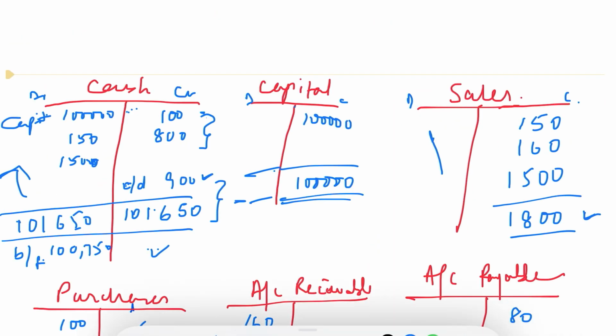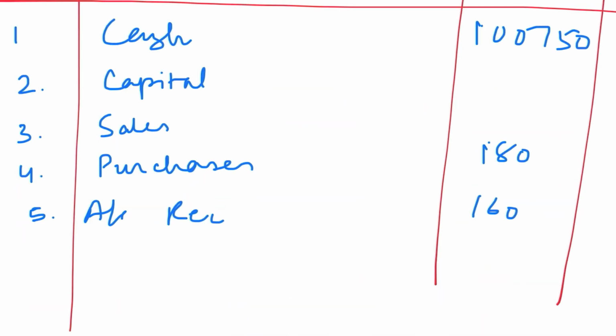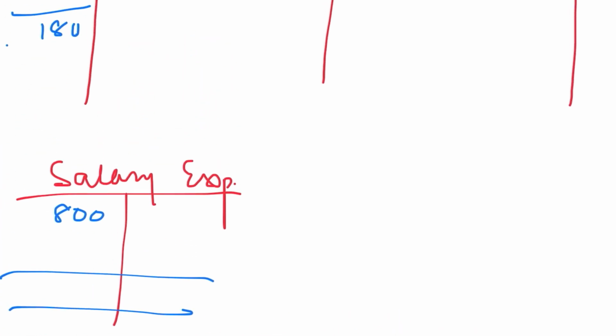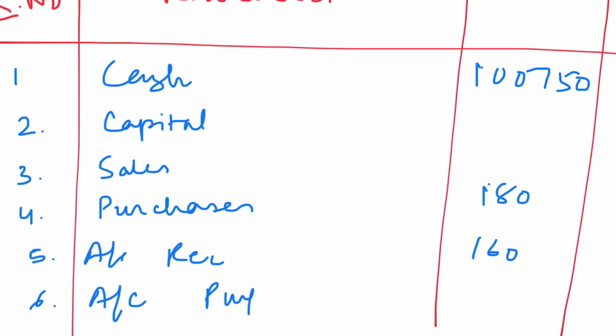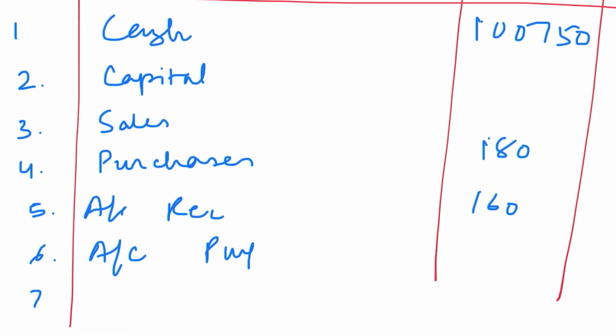Okay, here I have made a mistake, the balance is not 1800, that is 1810. 160, accounts payable 80, and then lastly salary expenses of 800.